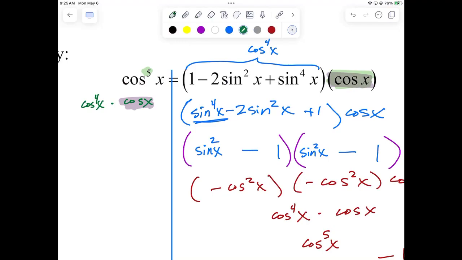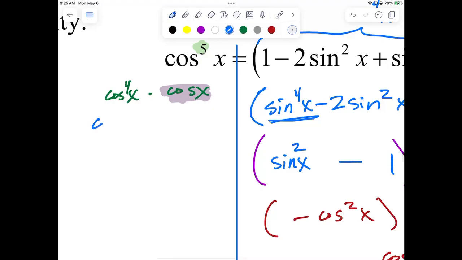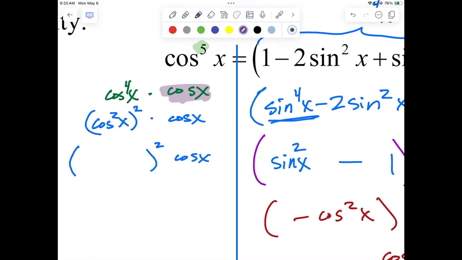Now, here's your next step. This is the insight. You'd have to call cosine to the fourth cosine squared of x quantity squared. Is that the same thing? That's just writing it squared two different ways. One's in the condensed form, one's in the expanded form. Now I'm going to replace the cosine squared on the inside with something from Papa Pidland. Cosine squared is 1 minus sine squared, all of Papa Pid, yes?